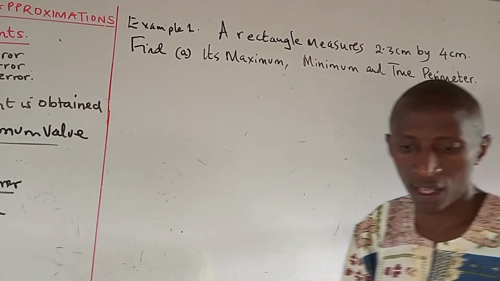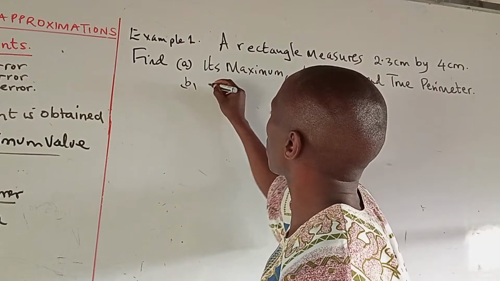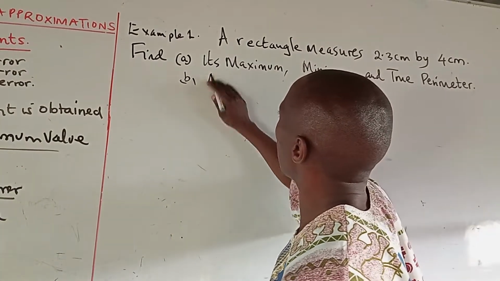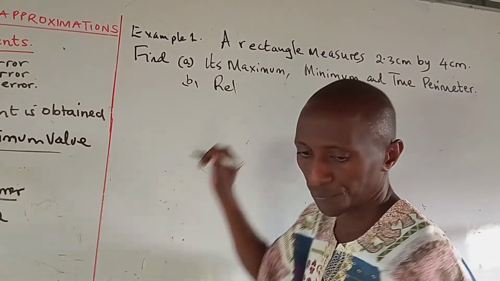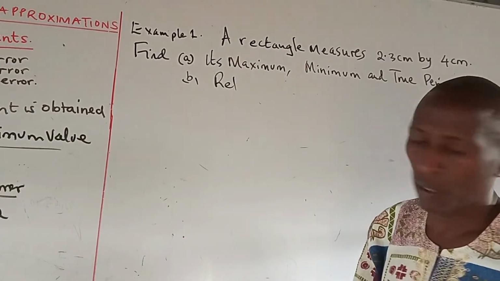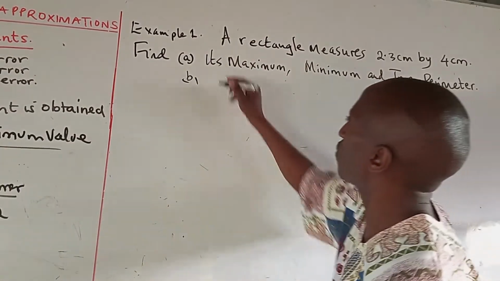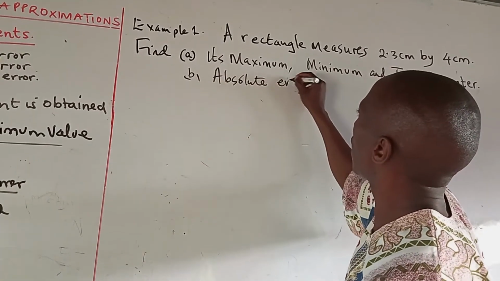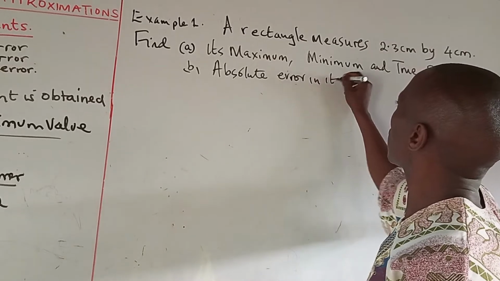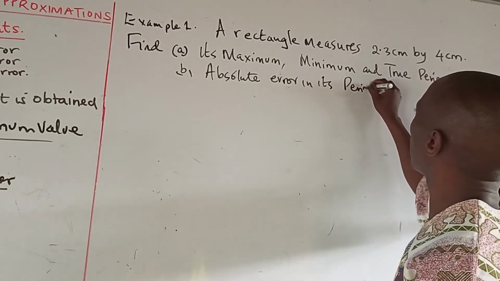And then from there, we look at B, the absolute error. Before we come to relative error, let's look at absolute error in its perimeter.